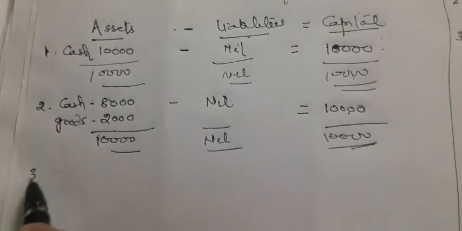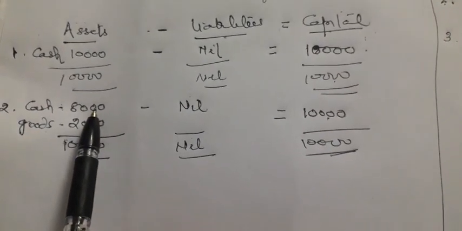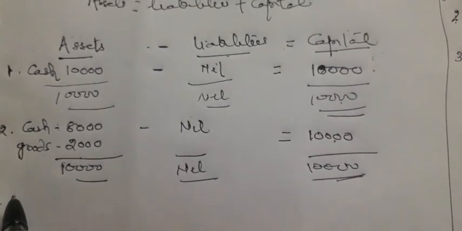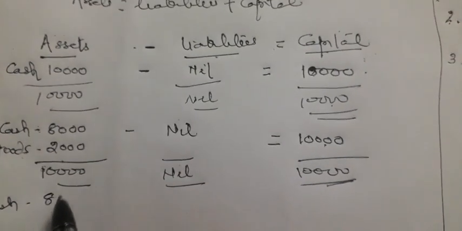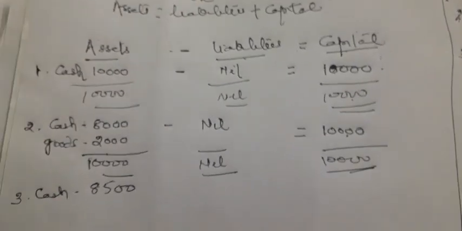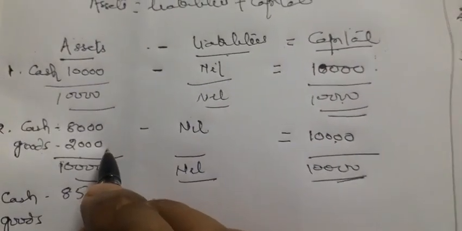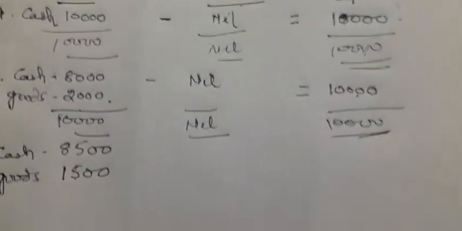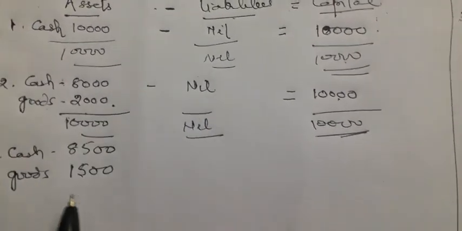The second transaction, we had cash of rupees 8,000. Now since we have sold goods, cash is coming into the business. So cash will increase to 8,500 rupees, and goods which were rupees 2,000, since these goods are sold, the remaining goods will be only rupees 1,500: 2,000 minus 500.